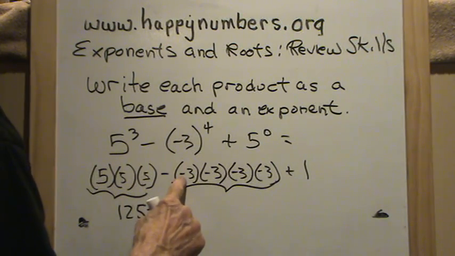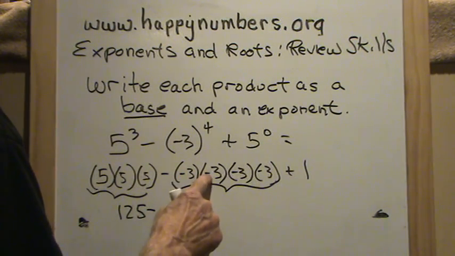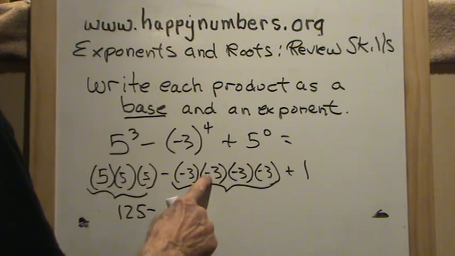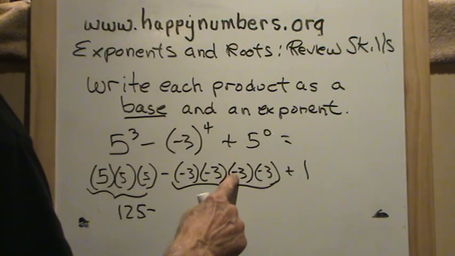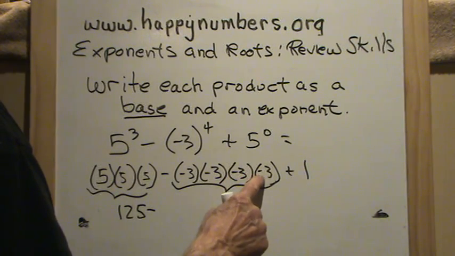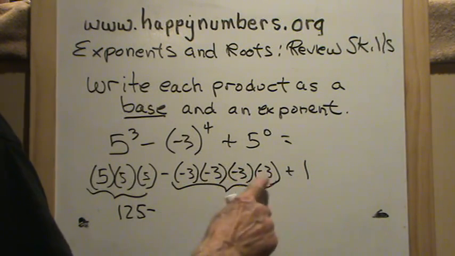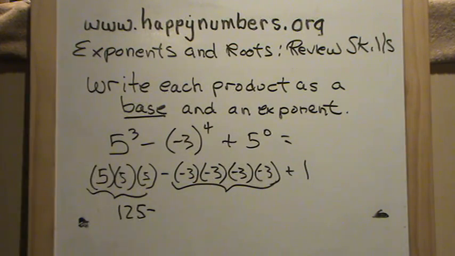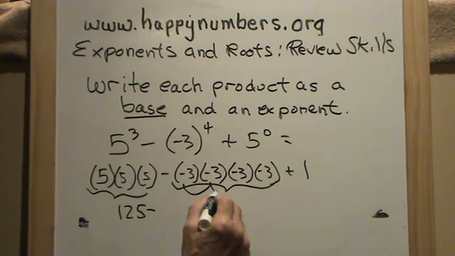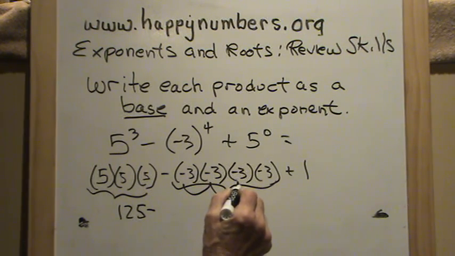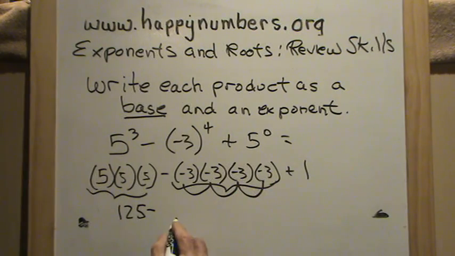Well, we have a negative times a negative is going to give us a positive. A positive times a negative is going to give us a negative. A negative times a negative is going to give us a positive. So I know the result of this multiplication is going to be a positive number. 3 times 3 is 9. 9 times 3 is 27. 27 times 3 is 81.